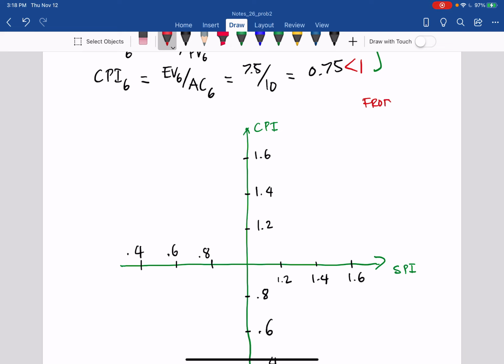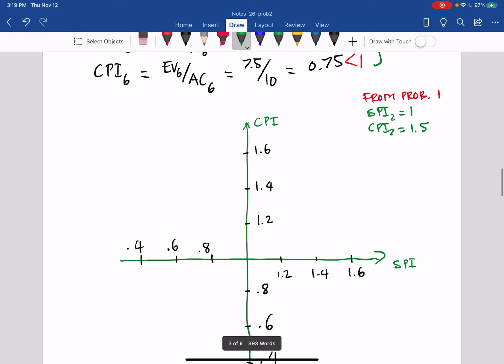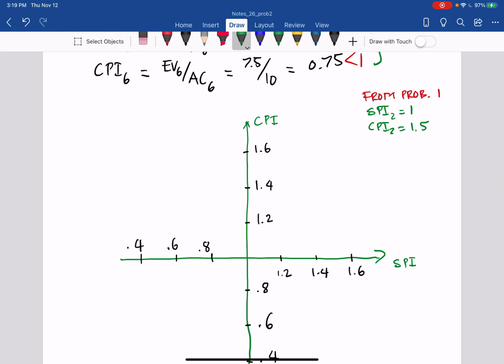Keep in mind a note from problem 1: we have SPI 2 equal to 1 and CPI 2 equal to 1.5. Go back to your problem 1 so that you have that number. So what does that mean? At the beginning, it will be at this point.